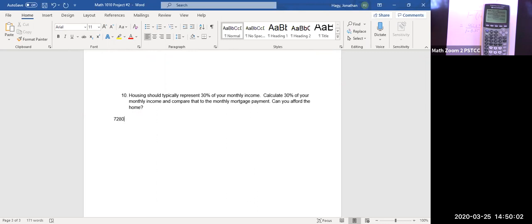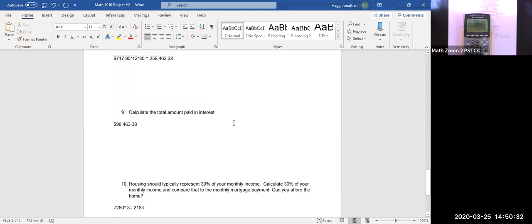If we wanted to do 30% of that, we'll say times 0.3. Which in this case is $2,184. So the 30% is $2,184.